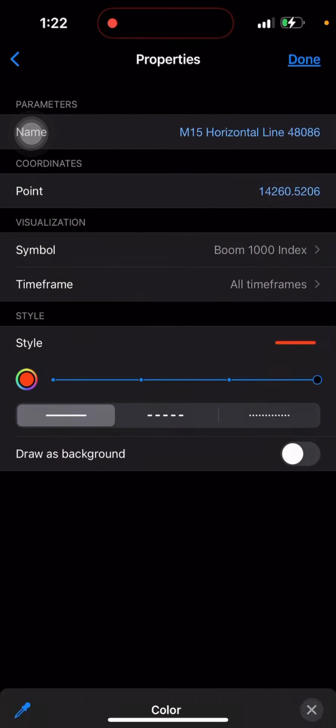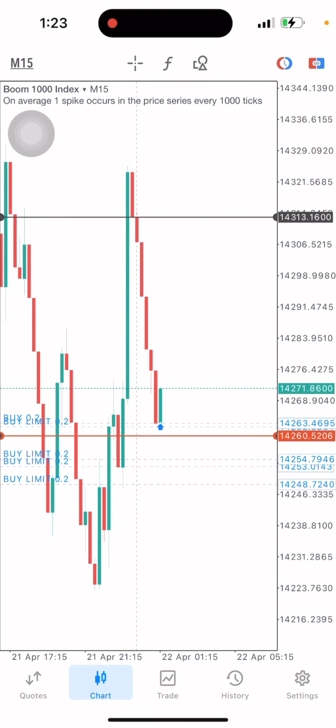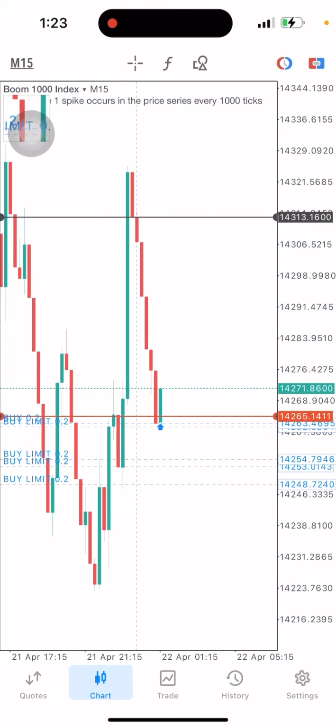Okay, I think this is better. And done. So you note this point very carefully. Now what you're going to consider is the range of this point. When you're looking at 14,260, the range can be between 14,265 right down to 14,255, or way down to 14,248.